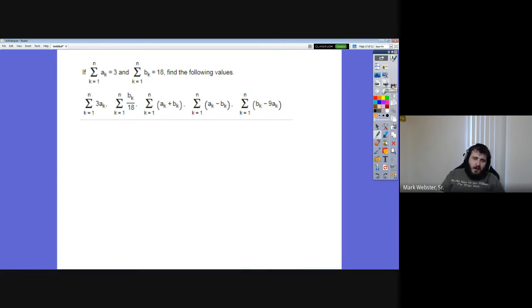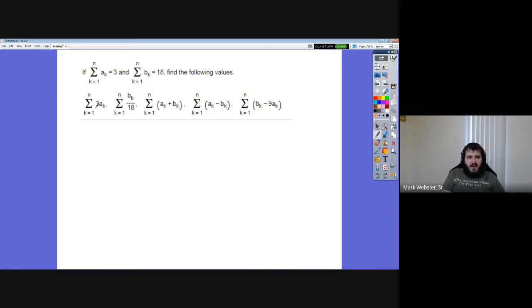Good. Okay. So here they tell you they're not even going to have you figure out the sum. They're telling you the sum from 1 to n of a sub k is 3. The sum for b sub k is 18. The reason I'm showing you this is because I want you to see that summations you can sort of break up a little bit.